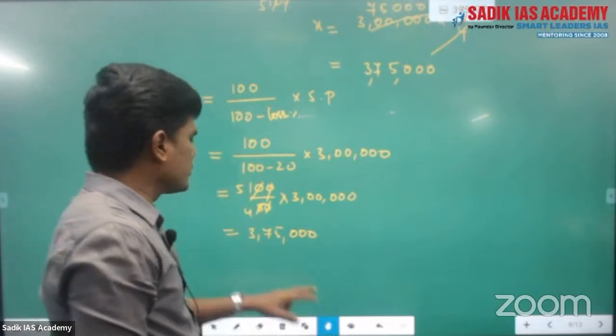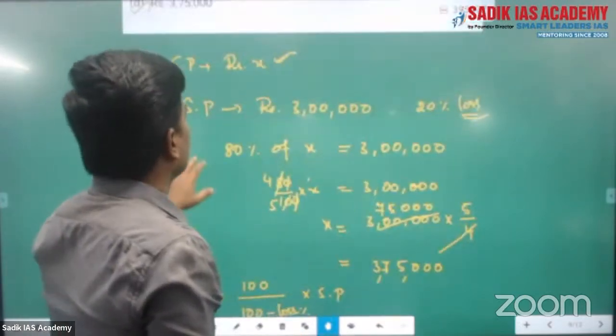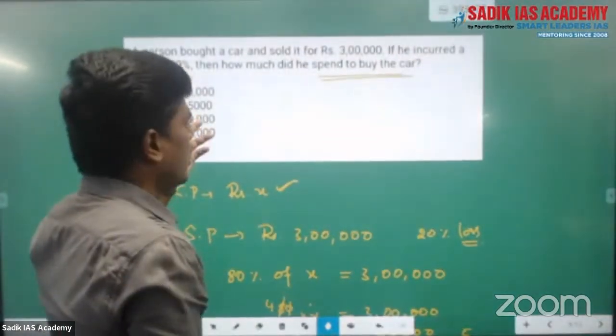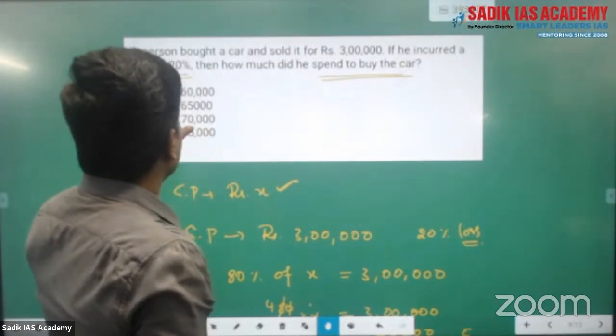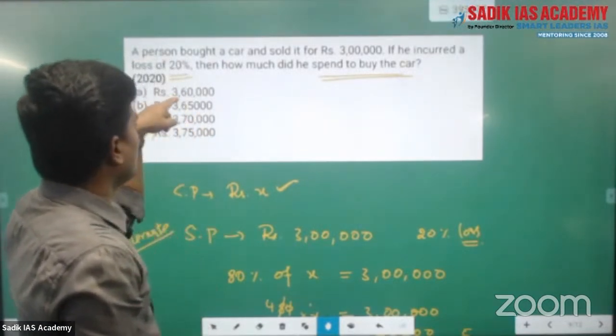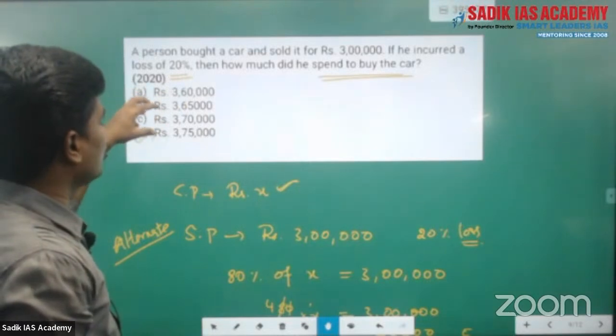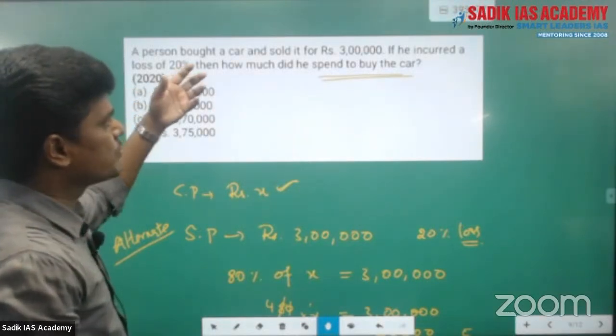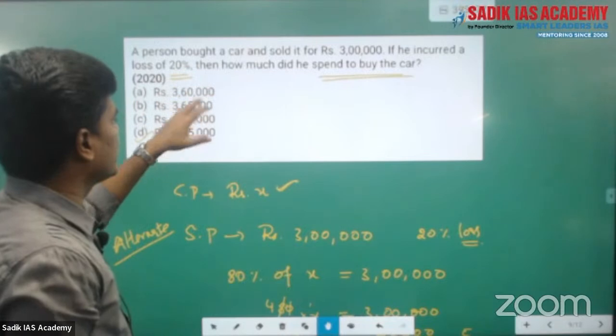The third method is that you can again, in this case also, validate each option. How can I validate each option? See what options are given. They are the amounts that the person spent to buy the car, that means these are the cost prices.